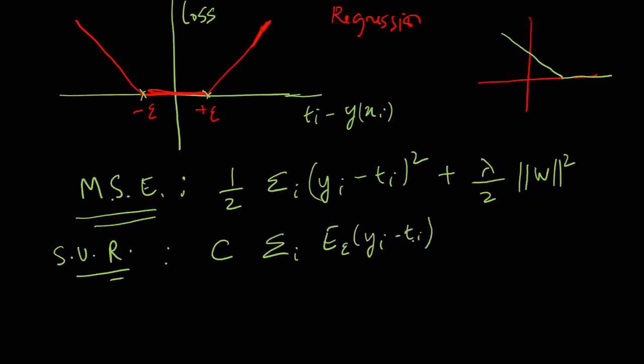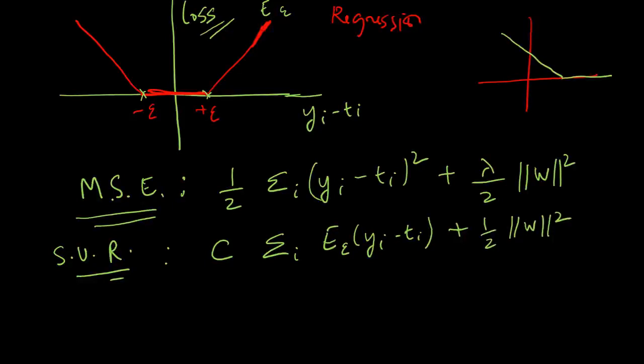What is E epsilon? This red curve is E epsilon of yi minus ti. So E epsilon of yi minus ti plus half mod of w square.